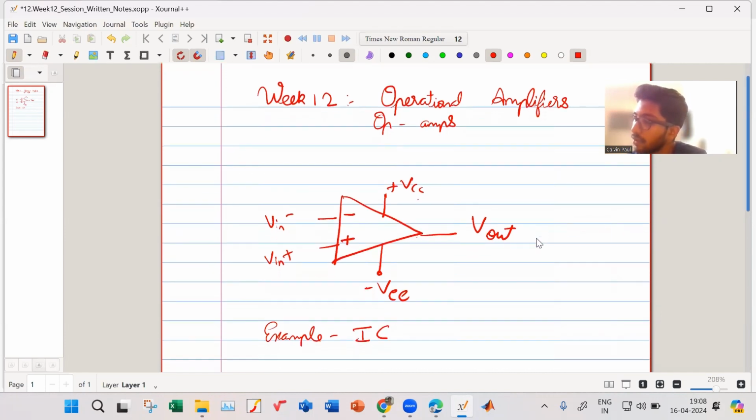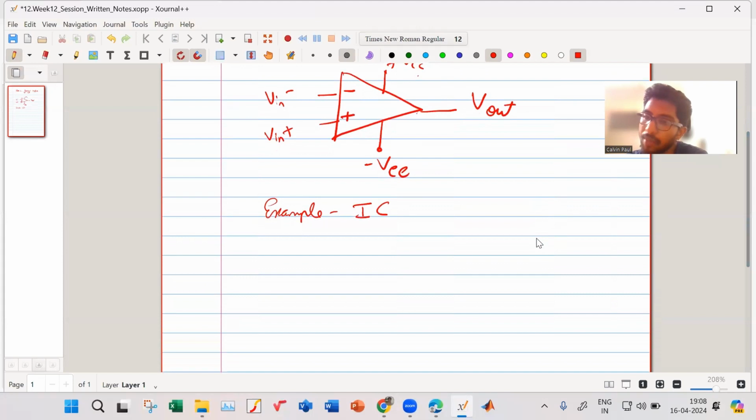First of all, op-amp is very important. It is used in many applications, like as an adder, subtractor. It can be used as a filter, low pass filter, high pass filter. It can be used as a compensator, as a controller, and it can be used for sensing.